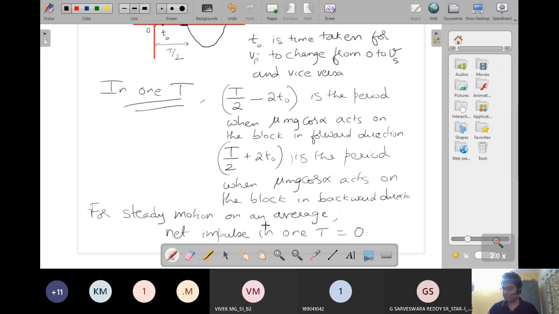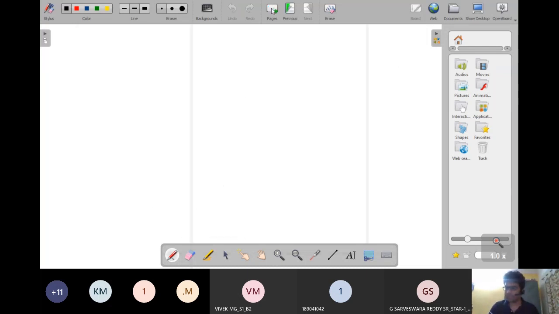That's the idea. So if I go to the next page, so how do you write the net impulse? Net impulse in the downward direction should be equal to net impulse in the upward direction. So let me say total impulse in the downward direction should be equal to the total impulse in the upward direction.